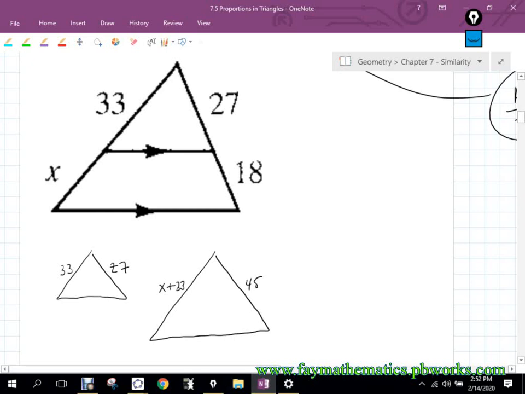And back in 7.2, we had to go 33 compares to x plus 33, just like 27 compares to 45.